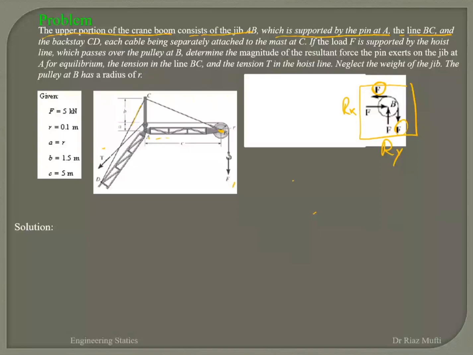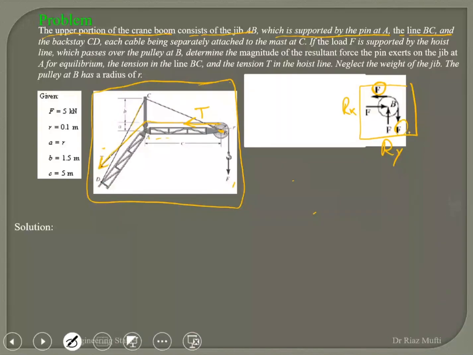Even if you look at this diagram here, can you figure out what is the tension in the cable? Sir, 5 kilonewtons. That's the tension in the cable, the same tension going everywhere.